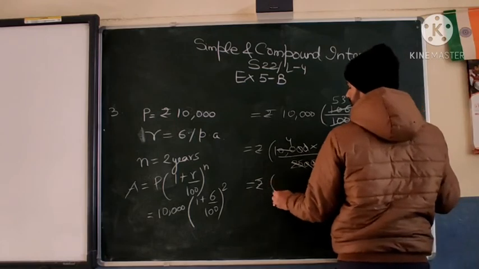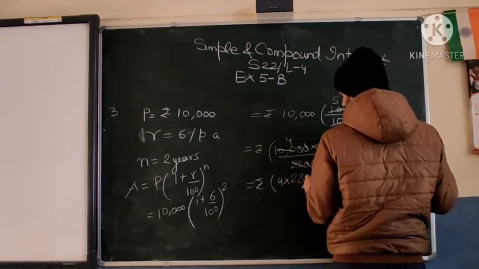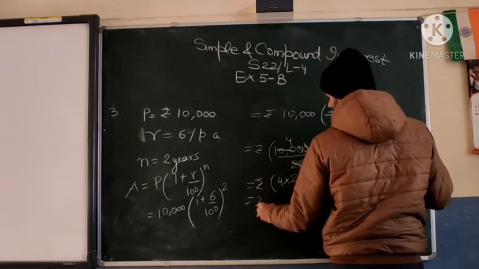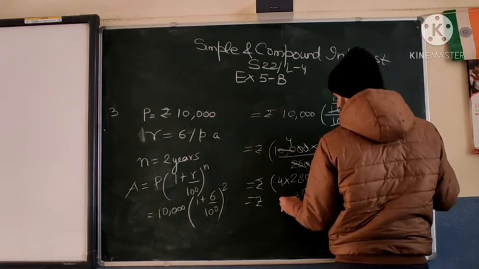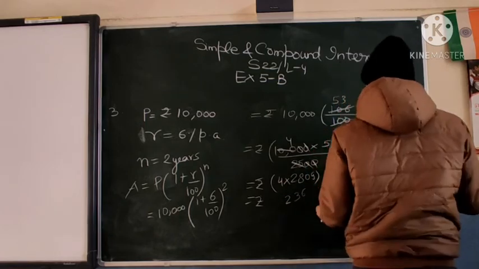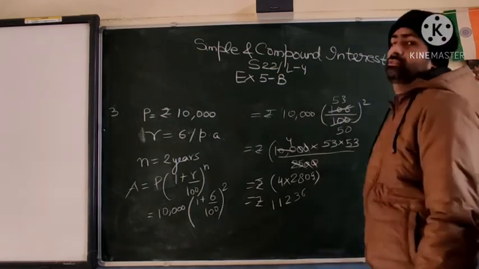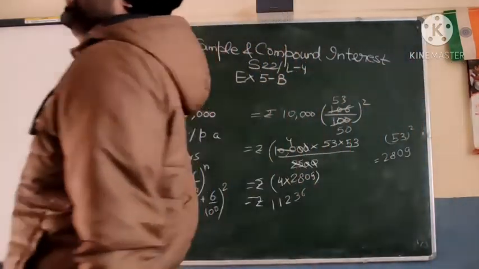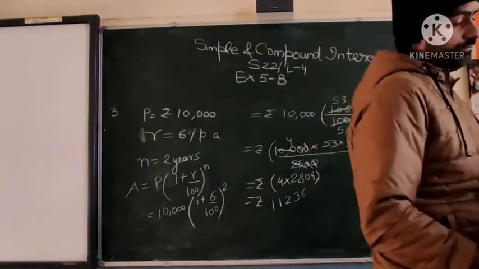So 4 into 2809. We get 11236. That is the amount here.